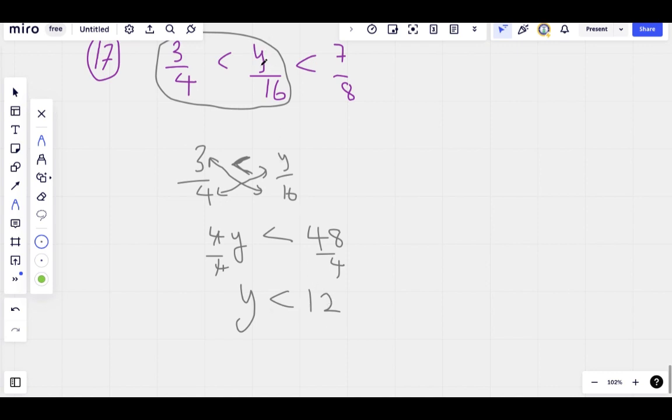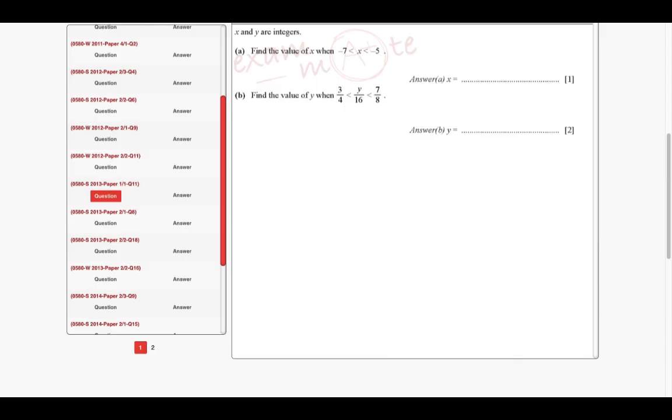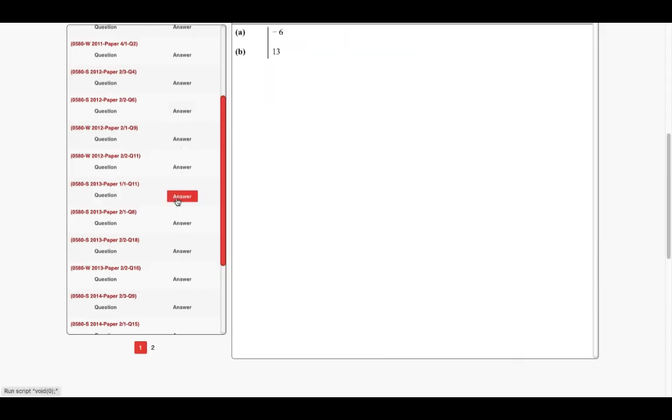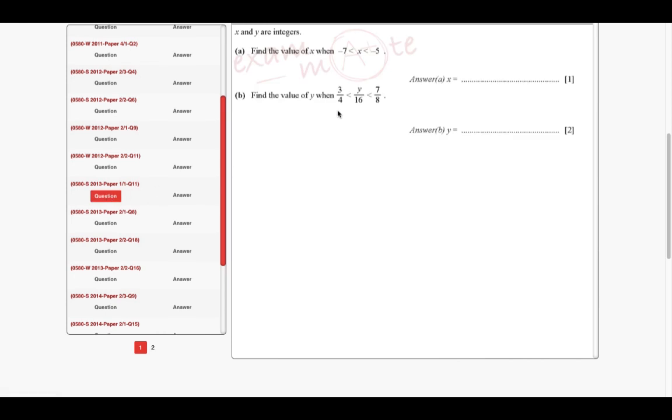Y is less than 12. Is that okay? Okay, y will be greater than 12. Sorry, it will be greater than 12, which means from 13. Y will be greater than 12, which is 13. This one is negative 6. That's correct.